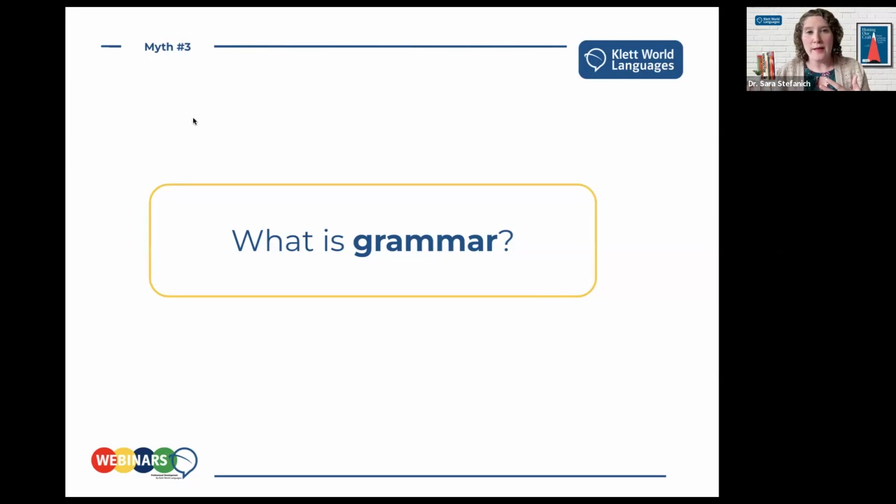So another way that we can think about grammar, and this comes from that linguistics background, and people who study language itself as a cognitive science, is that we can think of grammar as the rule-governed system that exists inside of our heads, inside of our minds.